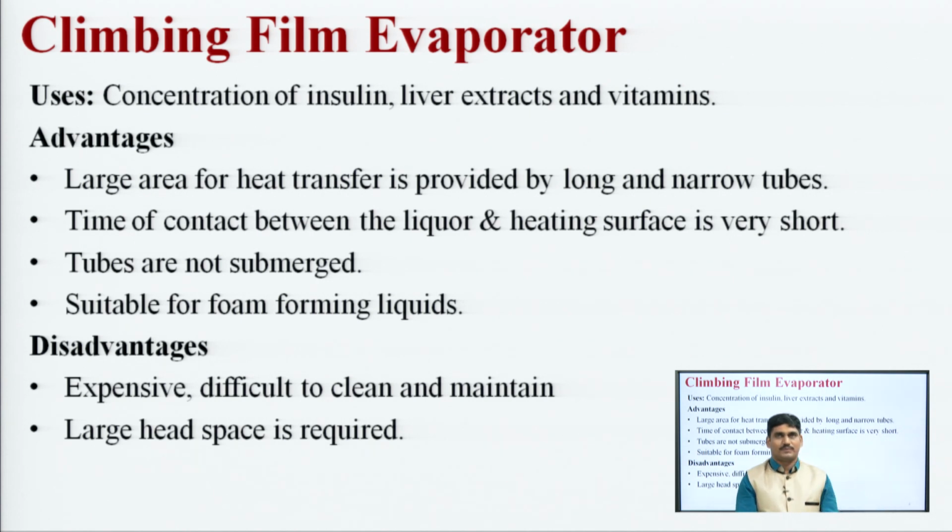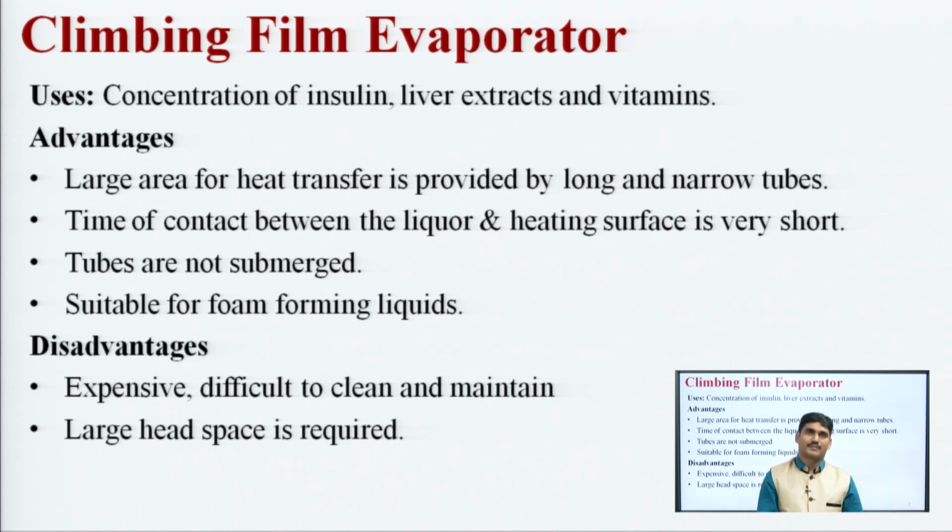Now, uses of this film evaporator: it is used in the concentration of insulin, liver extracts and vitamins. Advantages of this film evaporator: large area is used for heat transfer, and this large surface area is provided by long and narrow tubes.